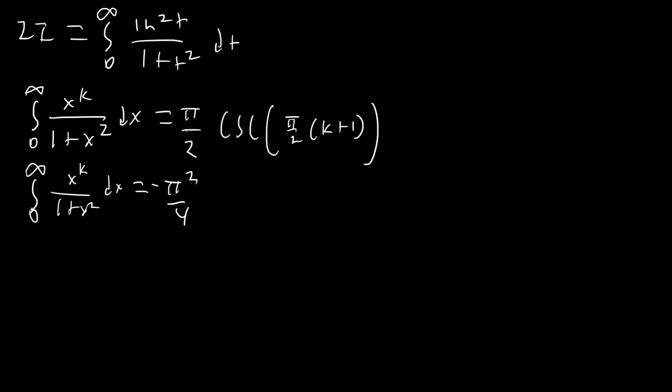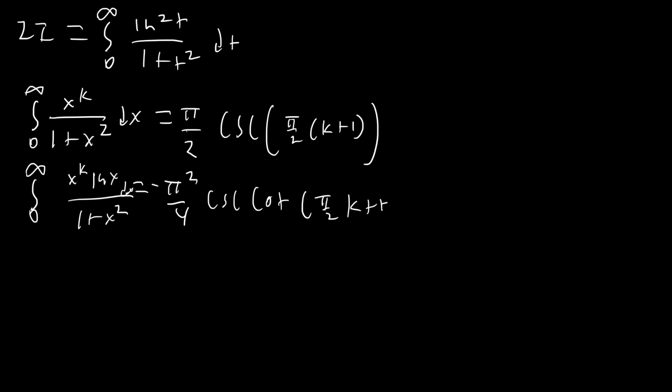I forgot the ln too. And then we're going to have, I guess, cosecant and then cot also of pi over 2 times k plus 1. Excuse my very bad notation here, but that just means cosecant of this times cot of this, right?